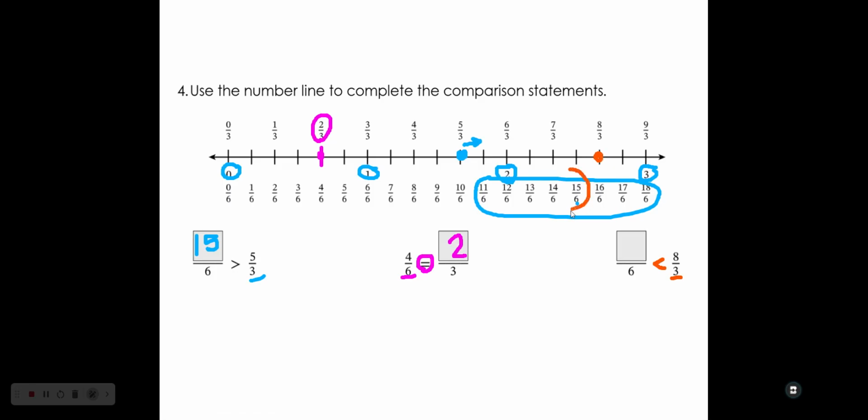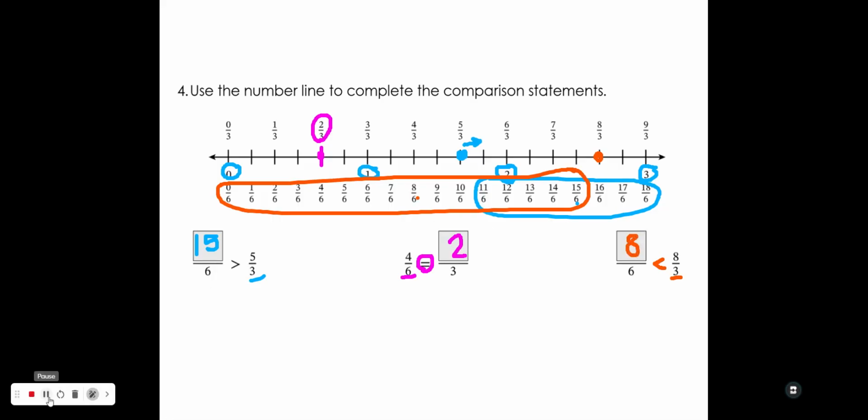I include all the other ones that are on the left, okay? So I can pick any of these that are on the left side of that one. And I'm going to just go ahead and pick 8 because that one's right here, so it works. So 8/6 is less than 8/3.